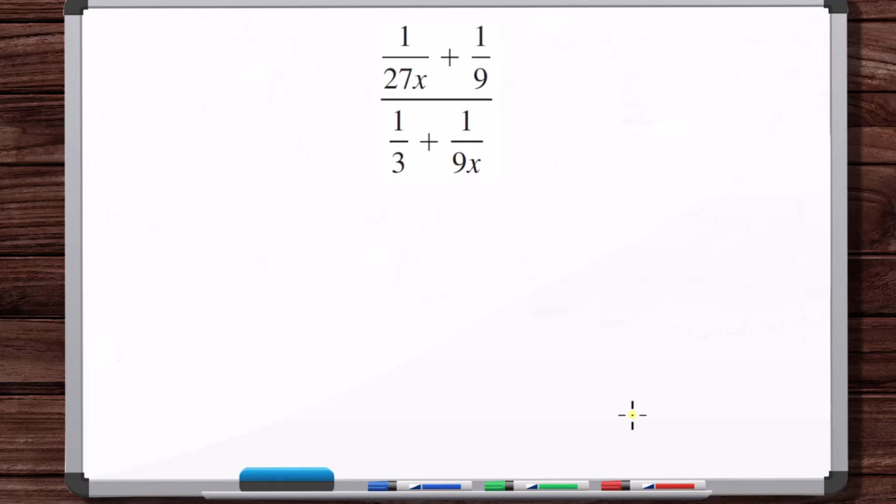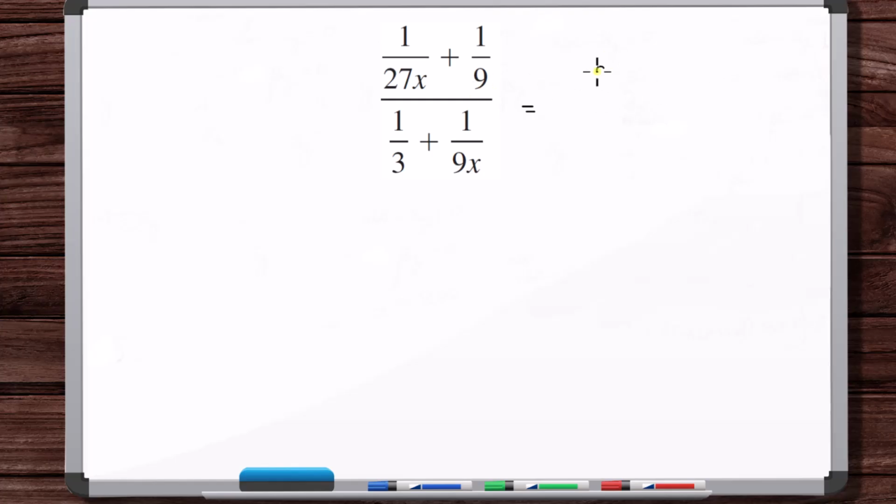But this is the only circumstance where the informal definition doesn't work, because it would say that this is a rational expression, but this isn't really a ratio of polynomials.